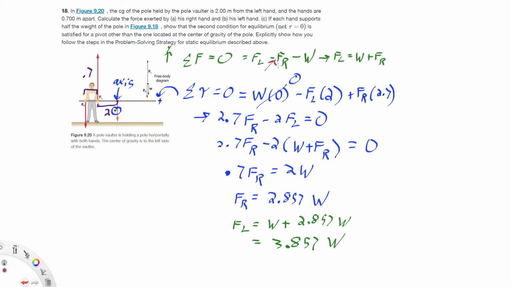Well, in this problem, we can't go any further because we don't know what the weight of the pole is. I suppose you could look it up. I mean, you've got access to the internet, so you'd be like, Google, how heavy is a pole vaulting pole? Actually, you know what? That's not something I know, so I kind of want to look that up.